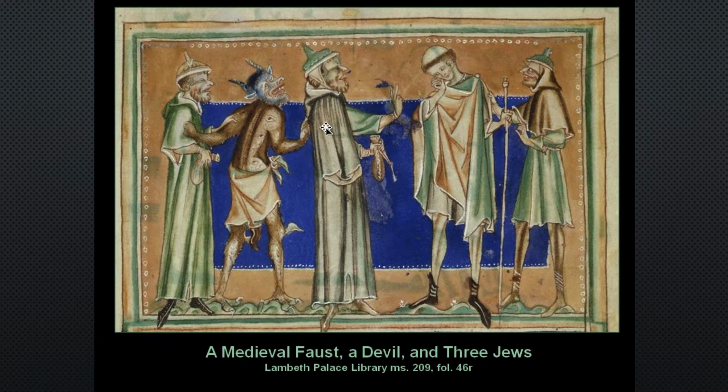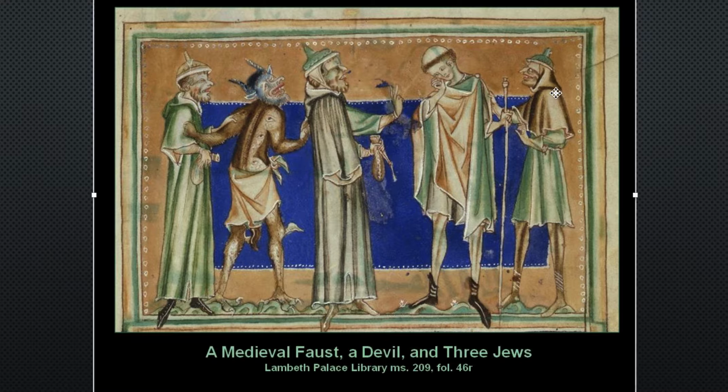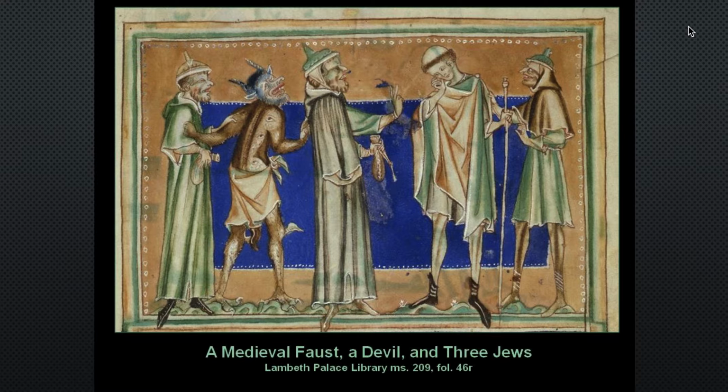And you can see who's in league with the devil here. So this is the devil. This man, who seems to be a monk because of his tonsure, is making a deal with a Jew, but the Jew is being coached by the devil. So we've got 3 Jewish men here, and the devil also with a big nose.